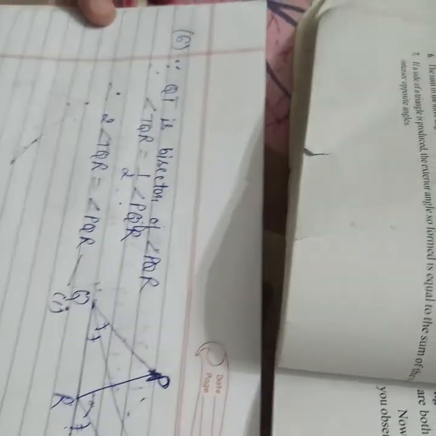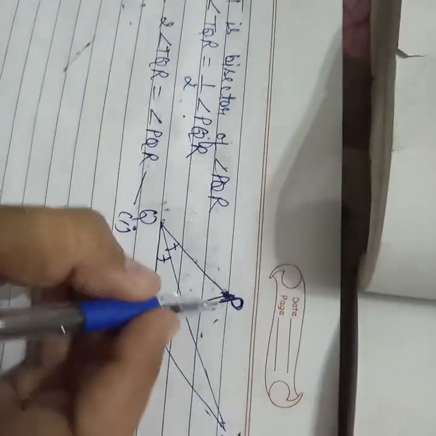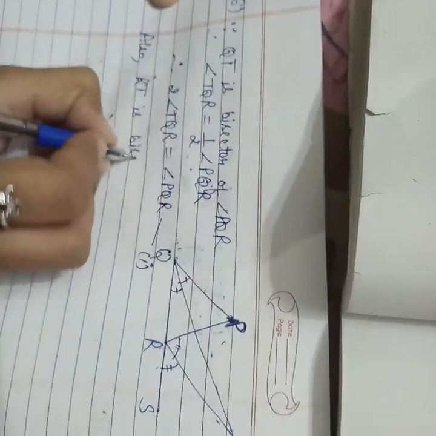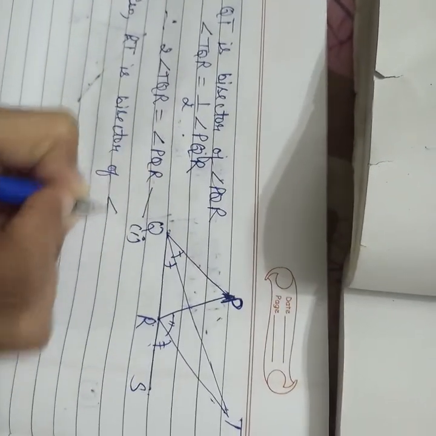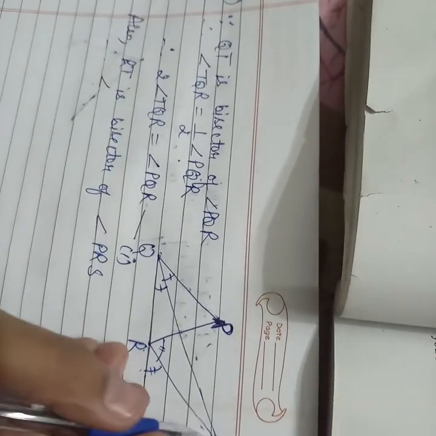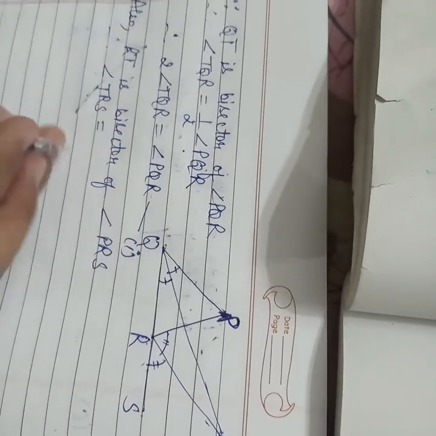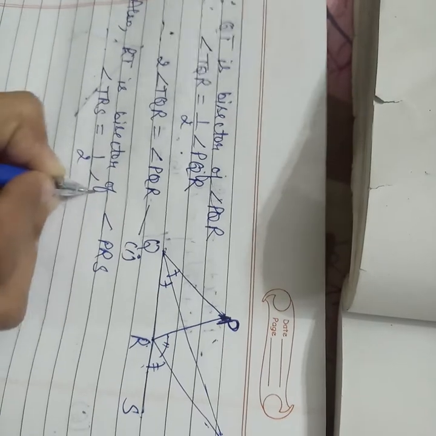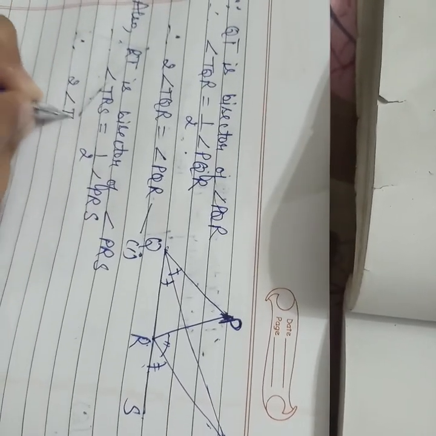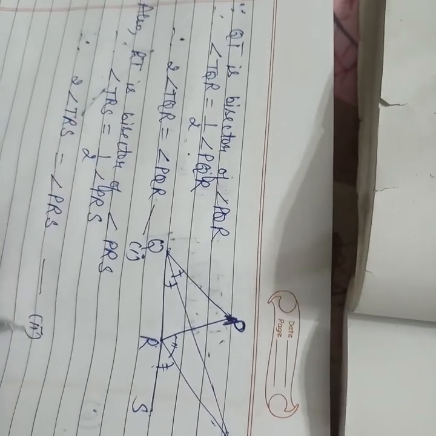This is equation first. Now also RT is the bisector of angle PRS, therefore angle TRS equals half of angle PRS, therefore 2 times angle TRS equals angle PRS. This is equation second.